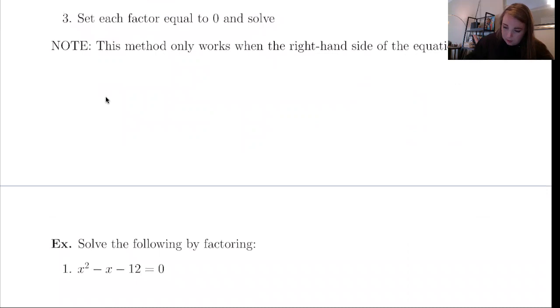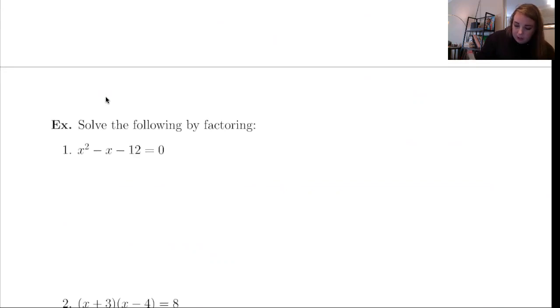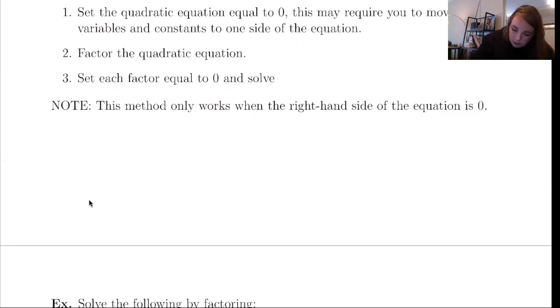All right, so solve the following by factoring. Step 1 is already done: x squared minus x minus 12 equals 0. I already have it set equal to 0. Beautiful. Now, step 2 says to factor the quadratic.